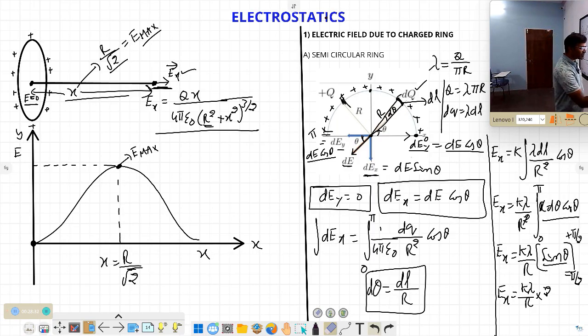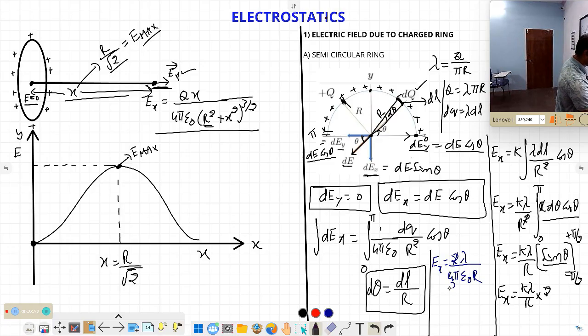K lambda by R into 2, what is the expression I can write? I am writing in a different color to understand. Final answer: Ex equal to, so what is k? K is nothing but 1 by 4 pi epsilon naught, so I am writing 2 lambda by 4 pi epsilon naught R. Here 2 cancels, how many times? 2 times.